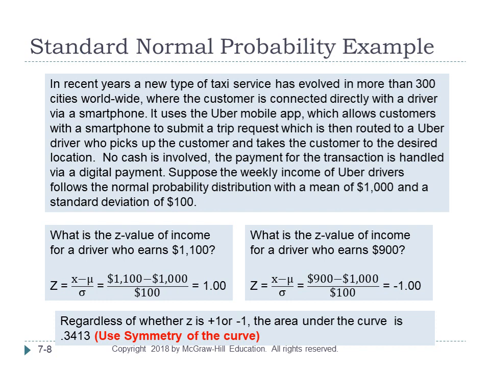We will start by seeing how we can convert x values into z values, and later on we'll see how to use standard tables to calculate probabilities. The first one we will do is: what is the z value of income for a driver who earns 1,100? The x value is 1,100.